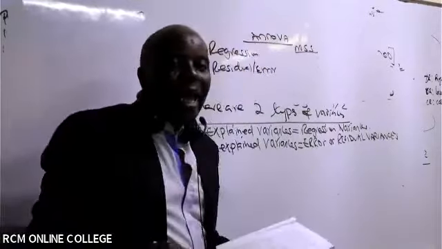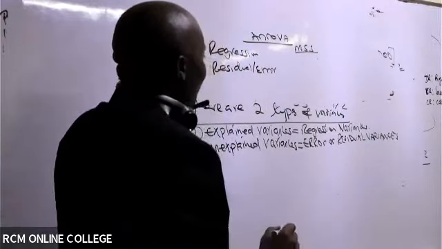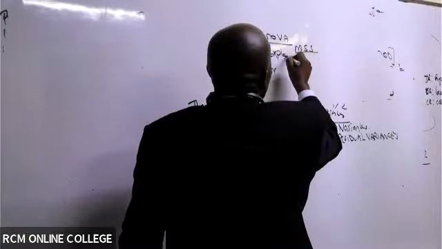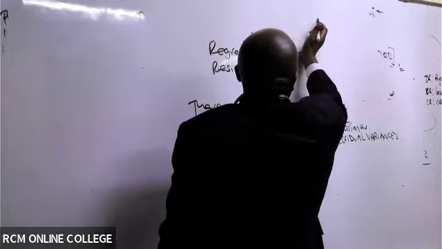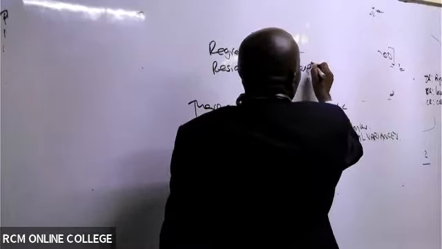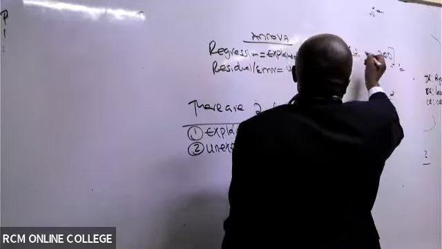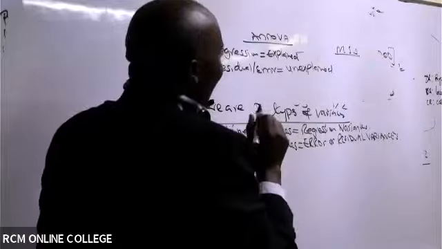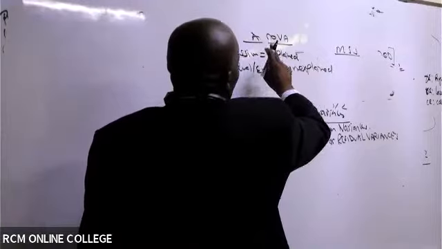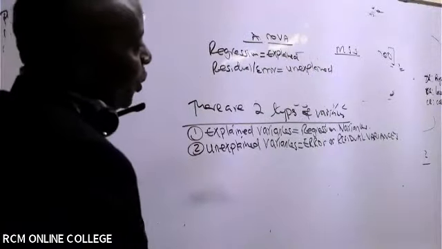Regression, remember, this is what we call explained. And then residual is what we call unexplained. ANOVA meaning analysis of variance, of which there are two types of variances.